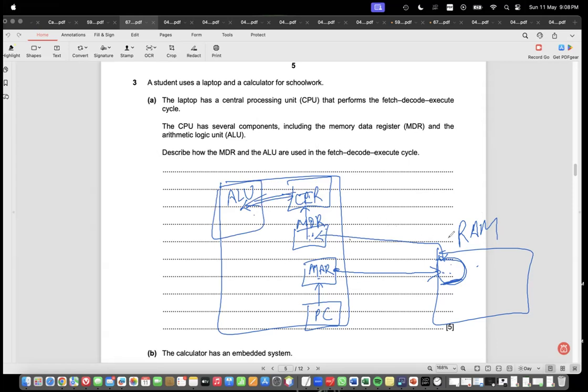Here you have to label them, whatever I have explained. You have to write the steps. You have to label this thing.